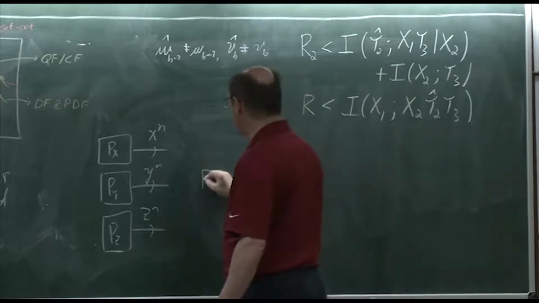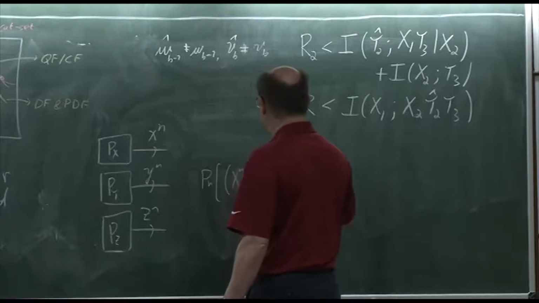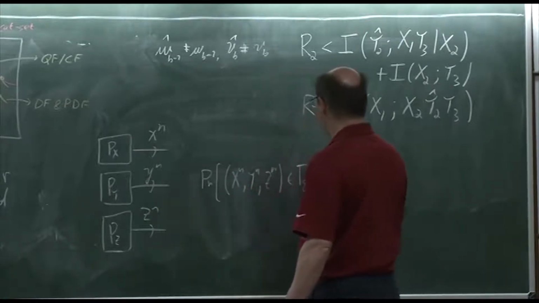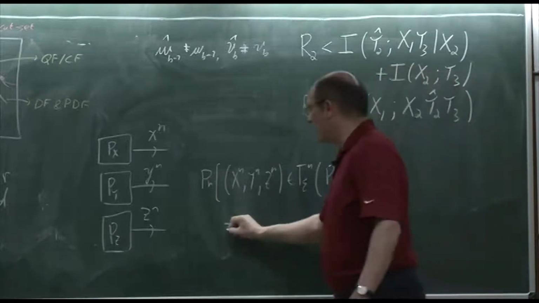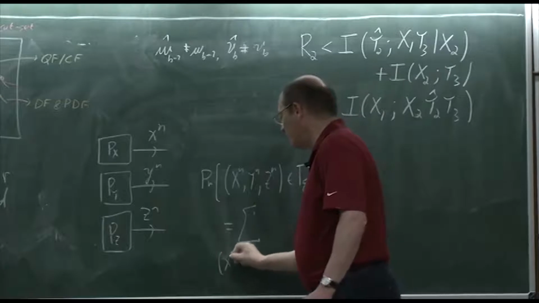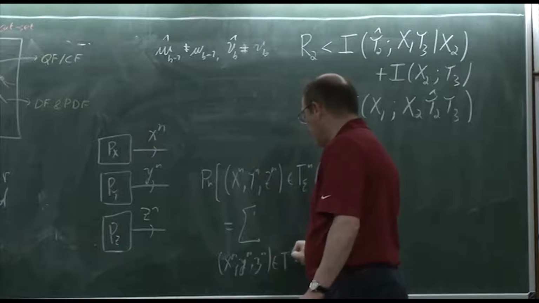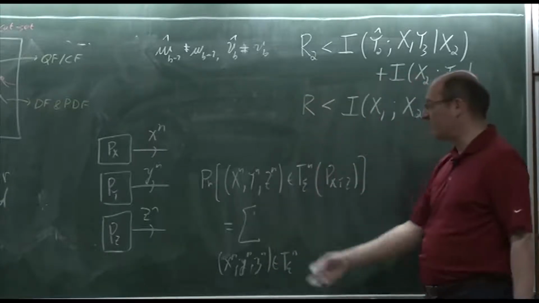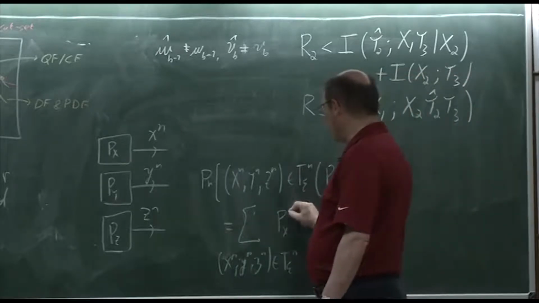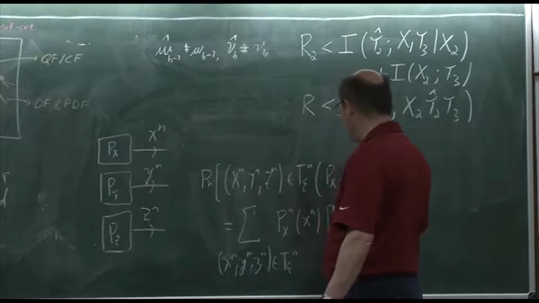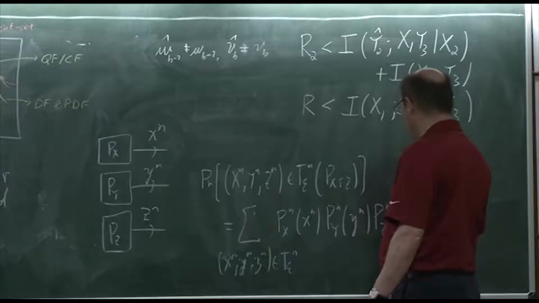The probability is just going to be the sum over all sequences that are jointly typical with respect to the joint distribution times the probability of that sequence, right? But the probability of these sequences is P_X^n(x^n) P_Y^n(y^n) P_Z^n(z^n), right?